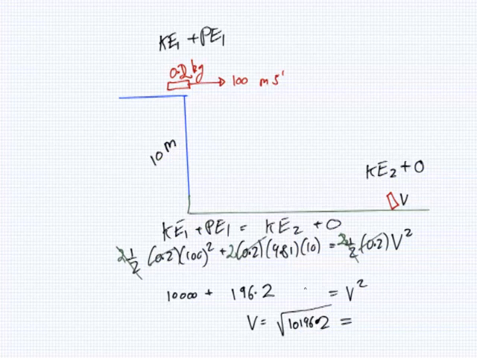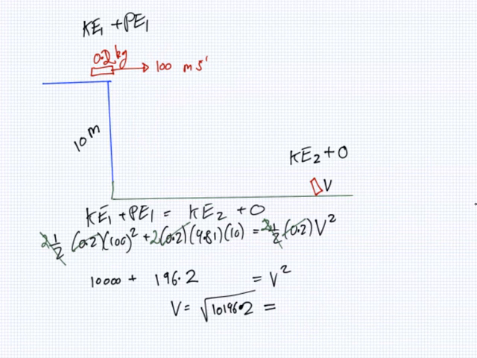That's 100.97. So it's going slightly faster when it hits the ground. It's much easier to do these ones this way.